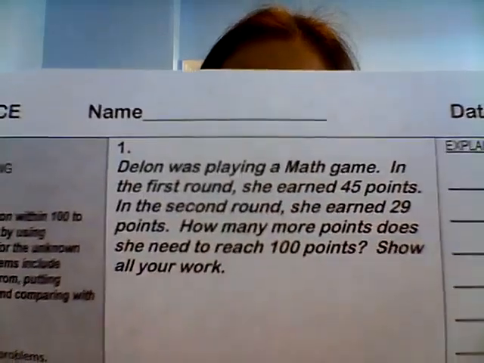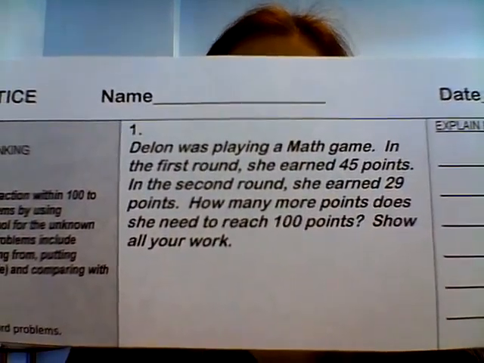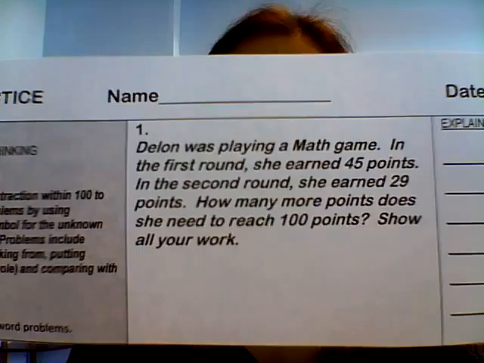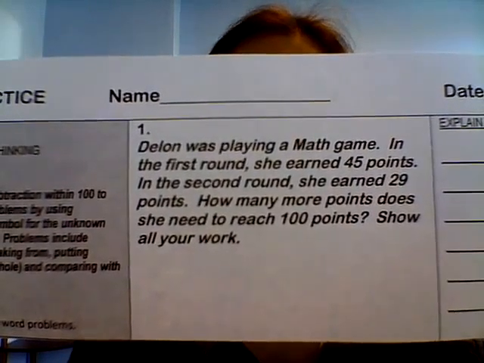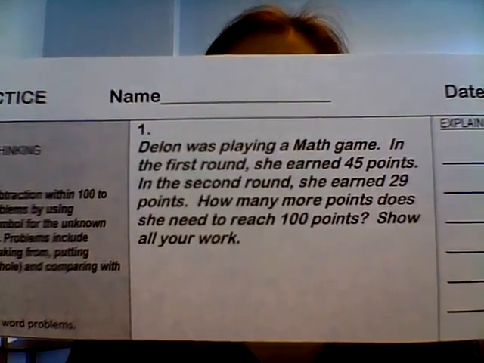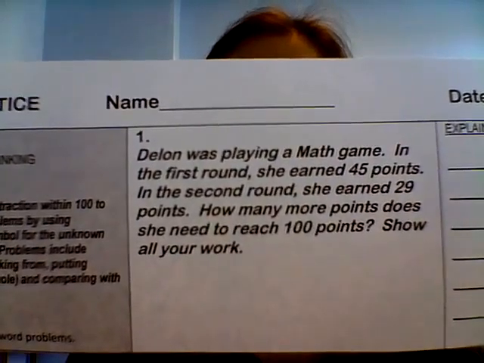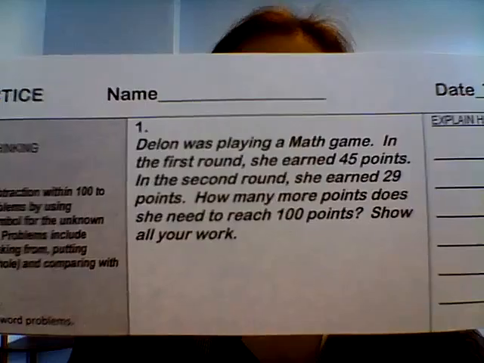Delon was playing a math game. In the first round, she earned 45 points. In the second round, she earned 29 points. How many more points does she need to reach 100 points? Show all your work. Now that we've read it, let's find the important information.